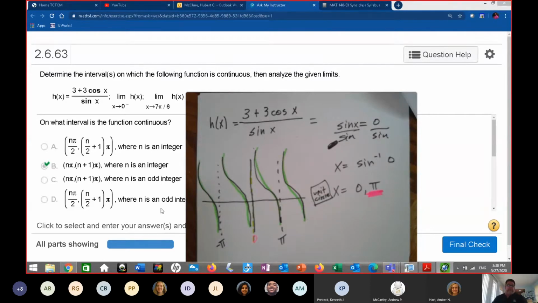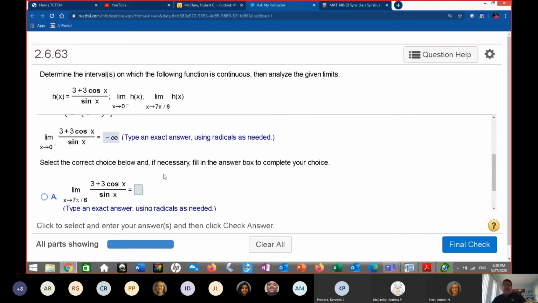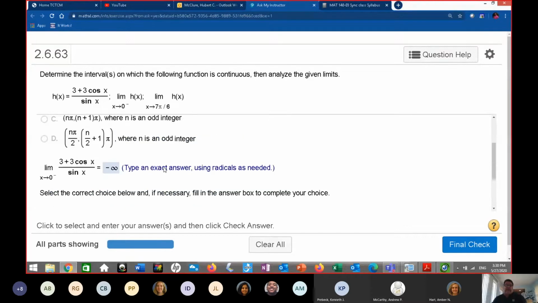Yeah, Hubert, we understand. Okay, what about what's happening as you approach 0? Well, let's go back to our handy dandy graph. What's happening as I approach 0? So I'm gonna take my lavender and my orange.